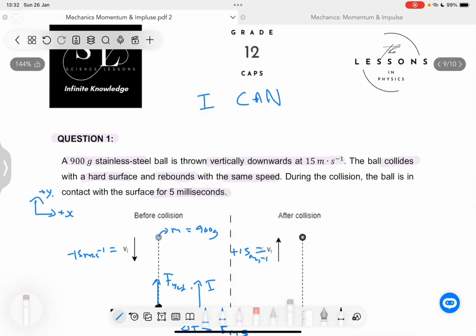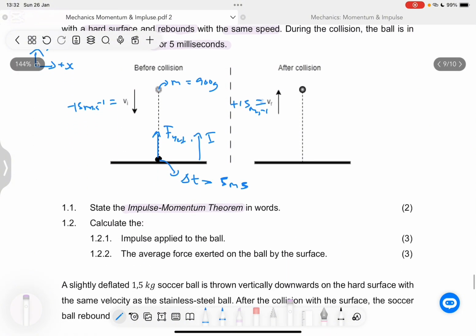We will again go back to the A for answering the question because we have the next question, 1.2.2, which says calculate the average force exerted on the ball by the surface. Remember the average force would be the net force. As we said, this ball here will experience a time varying force. There will be a number of forces that it experiences when it's in contact with the surface.